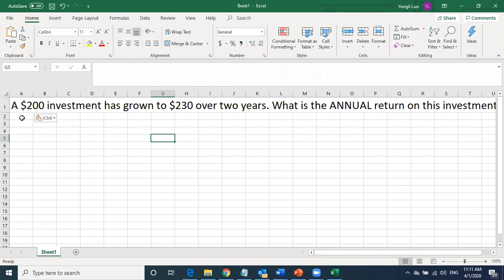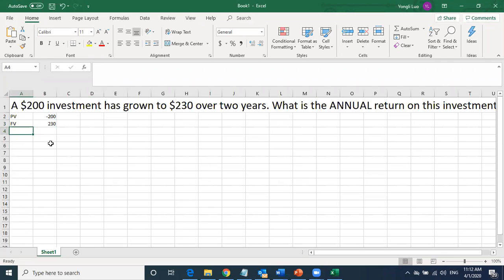In this question, we have a $200 investment that has grown to $230. So the present value is your investment. Make it negative 200. Present value is negative 200. Future value is $230.